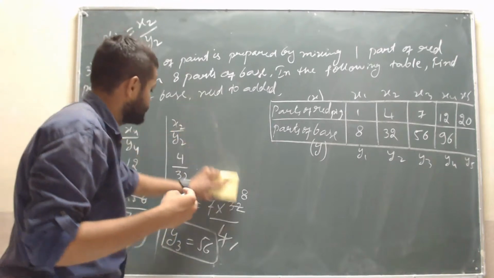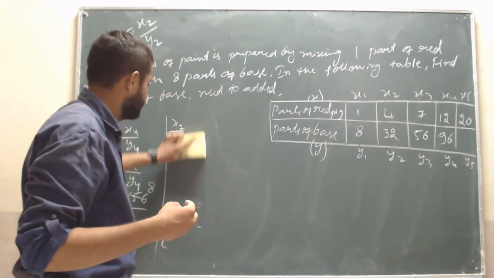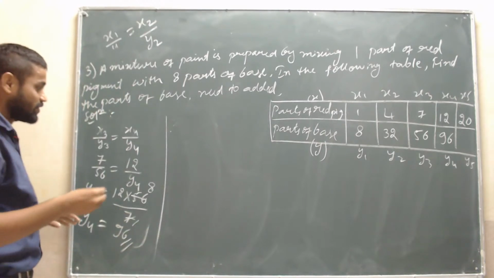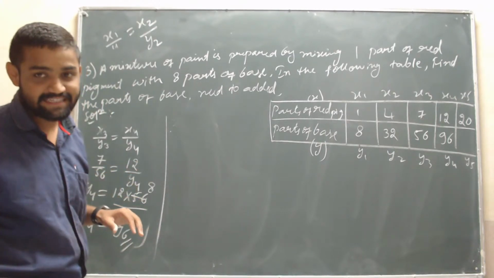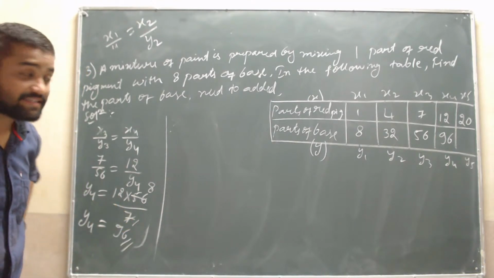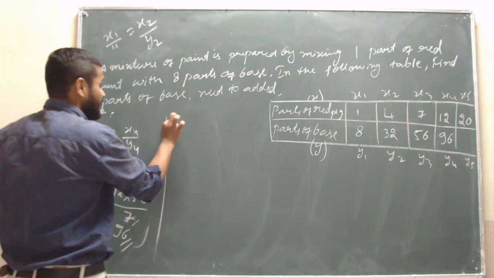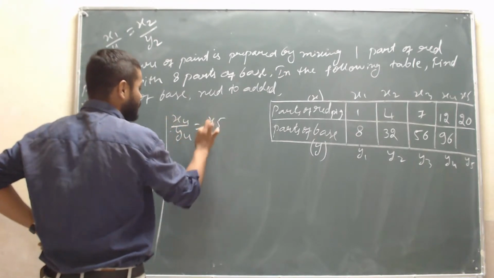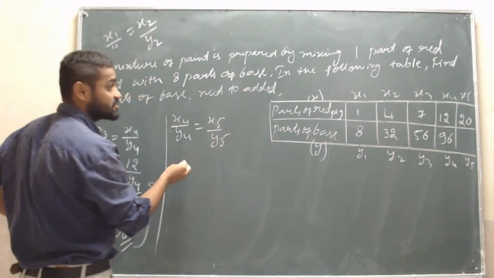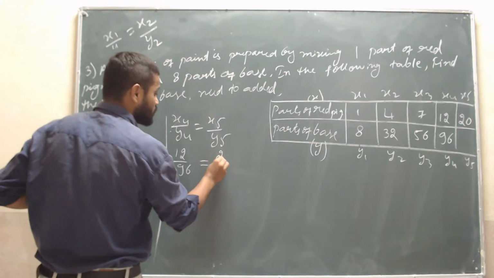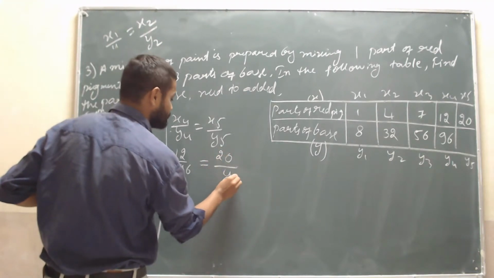So I will take the fourth column with the fifth column. Yes, Rangaswamy, 96 is the correct answer. Yes, many of them are giving their answers. Let's see. The last one is X4 by Y4 is equal to X5 by Y5. The X4 is 12 by 96 is equal to 20 by Y5.